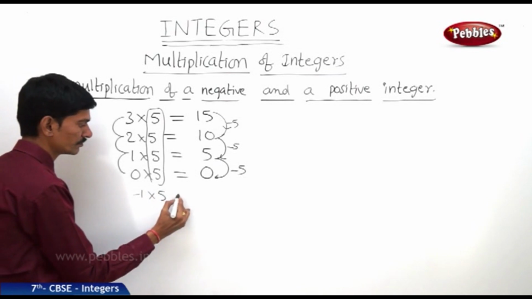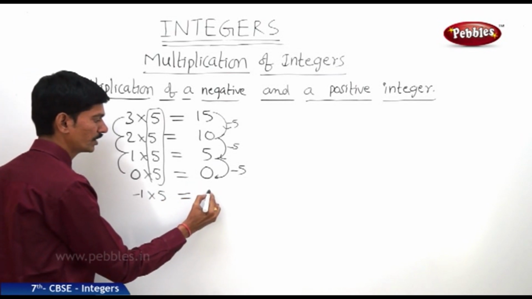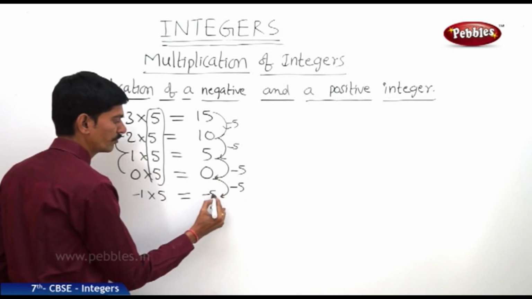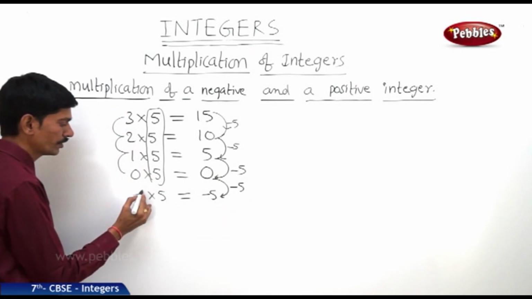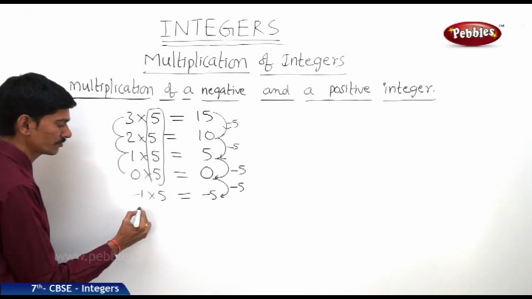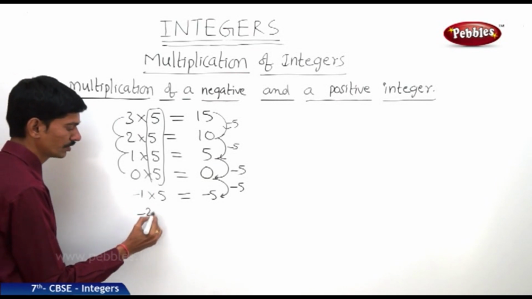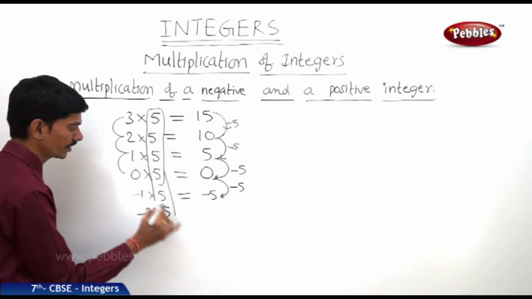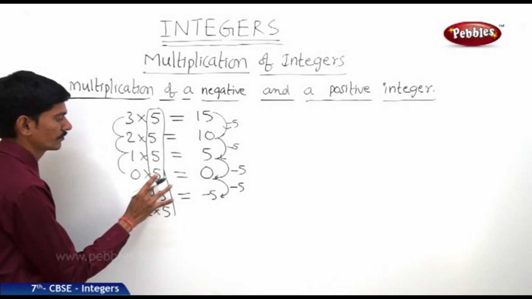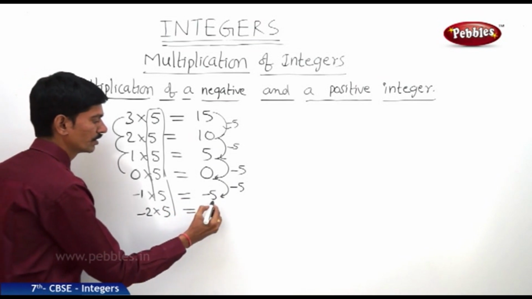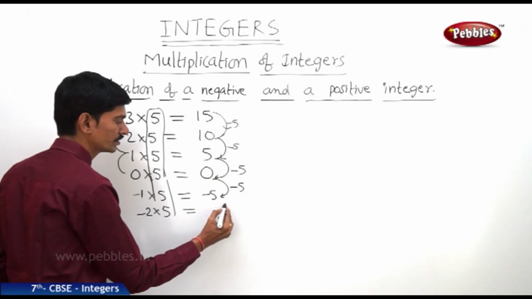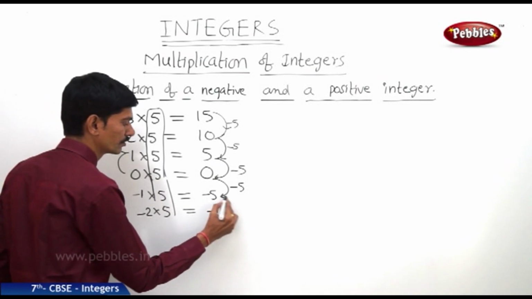into 5 equals, here 0 minus 5 is minus 5, and again when you decrease minus 1 by 1 we get minus 2. So then minus 2 into 5, here also the multiplier is 5, then we get again decreased by 5, so minus 5 minus 5 is minus 10.